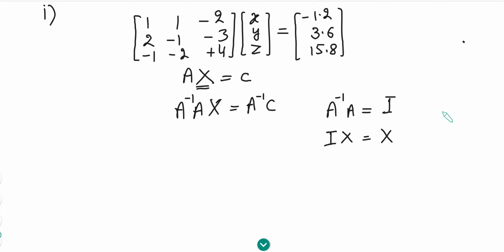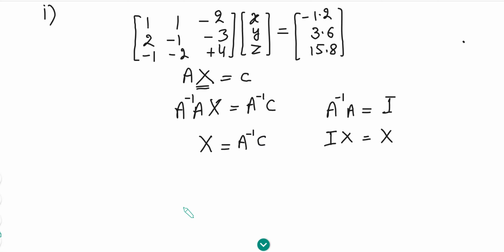This is just like multiplying a number by one. But the order should follow the multiplication order, meaning the multiplication must be allowed. So now we got x is equal to A inverse times C.